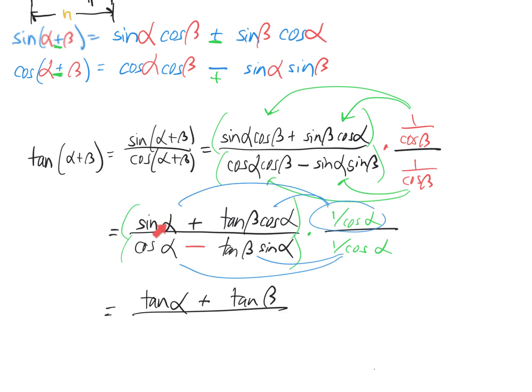And that gives us sine of alpha over cosine of alpha, or tangent of alpha, plus this numerator and denominator cancel out, so just tangent of beta. And 1 minus, and the sine of alpha, cosine of alpha in the denominator is tangent of alpha. So we have tangent of alpha times tangent of beta.